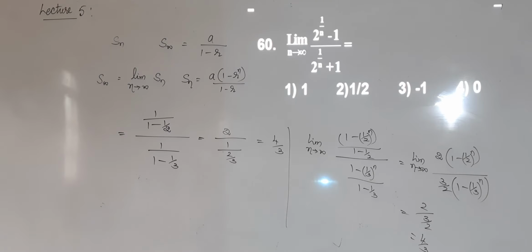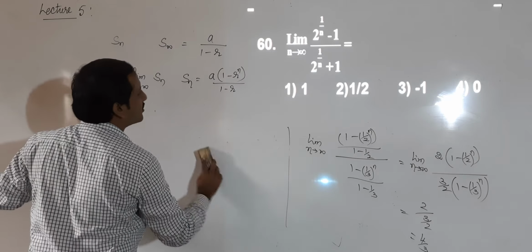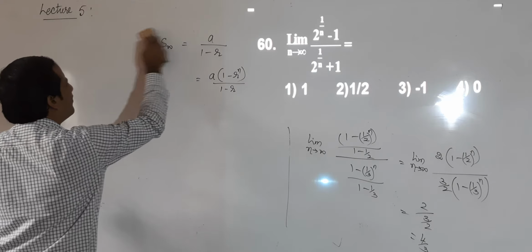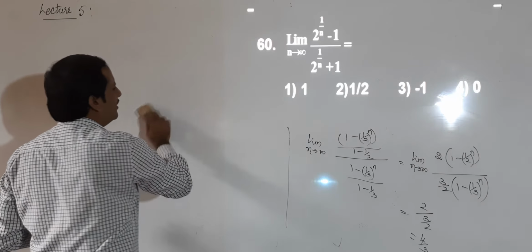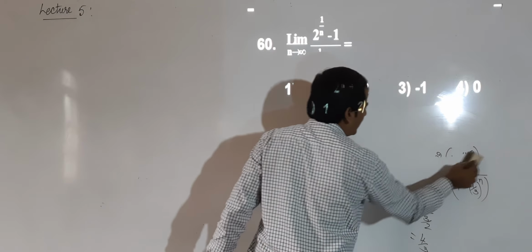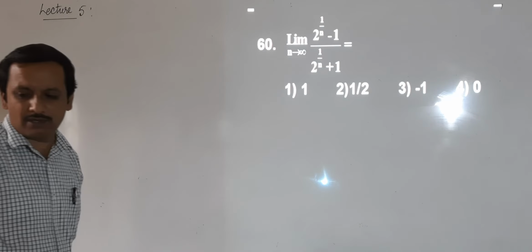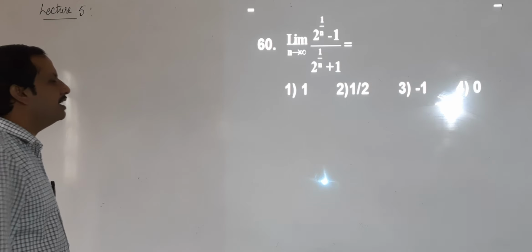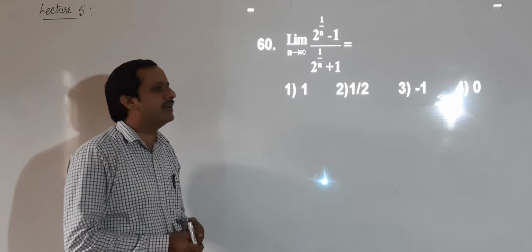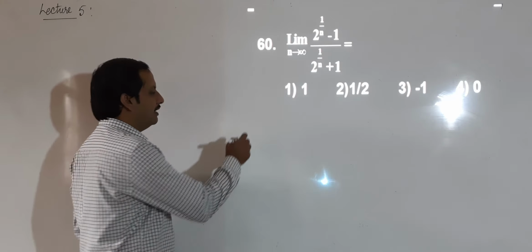Next. Question 6. Limit n tends to infinity, (2 power 1 by n minus 1) divided by (2 power 1 by n plus 1) is equal to. As n tends to infinity, what happens to 1 by n? As n tends to infinity, 1 by n will tend to 0.